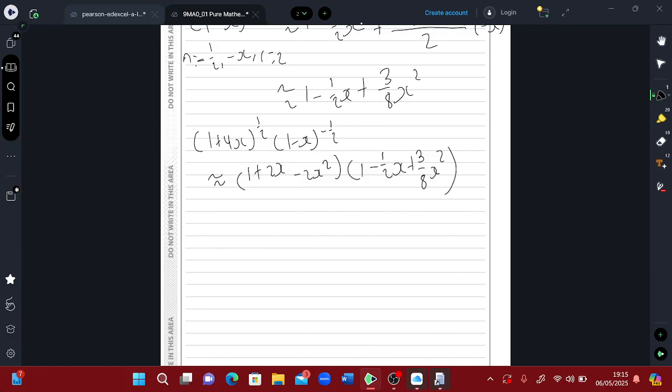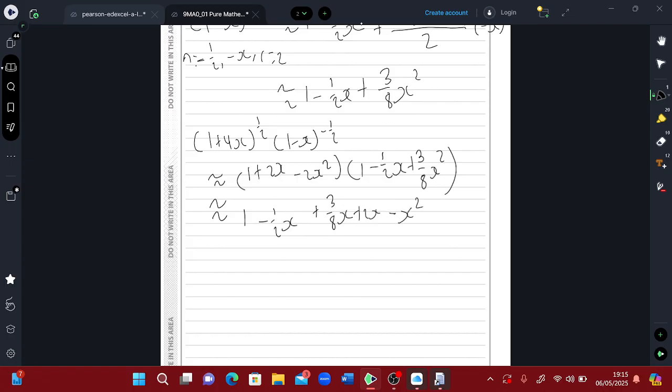But yeah, so now we just expand it. So this is still approximate to 1. Expand all the 1s first. 1 minus a half x plus 3 over 8x squared. Plus 2x times 1 plus 2x minus a half x. That would go to minus x squared.